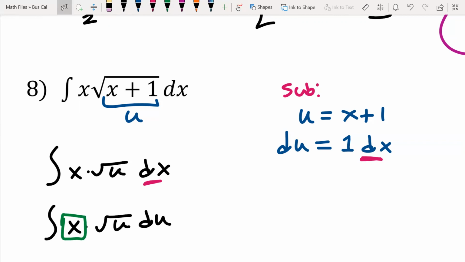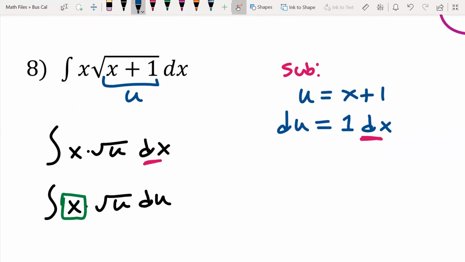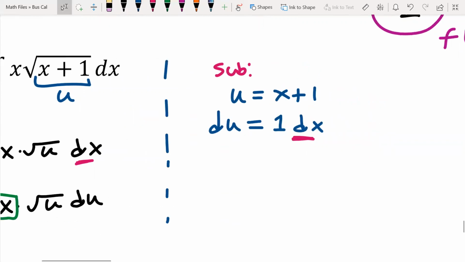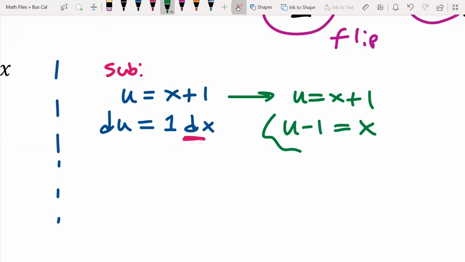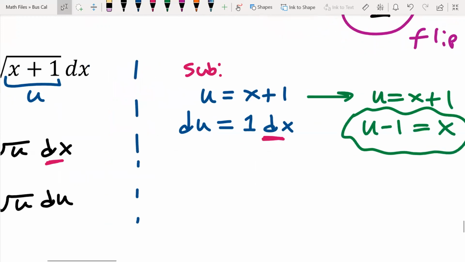Okay. Which is going to happen over here. So this part, we make a sub, u equals x plus 1, move that 1 over, and u minus 1 equals x.